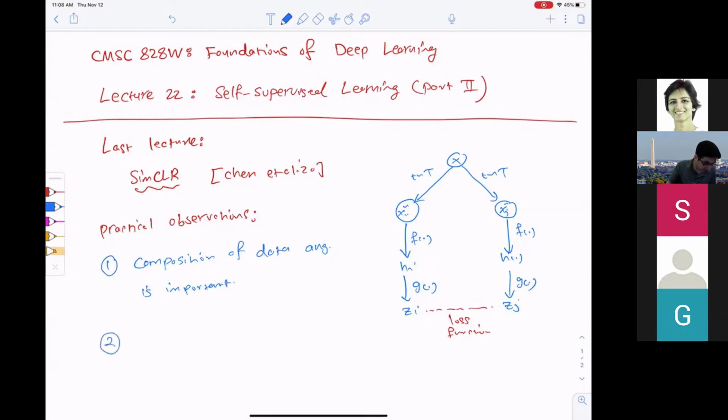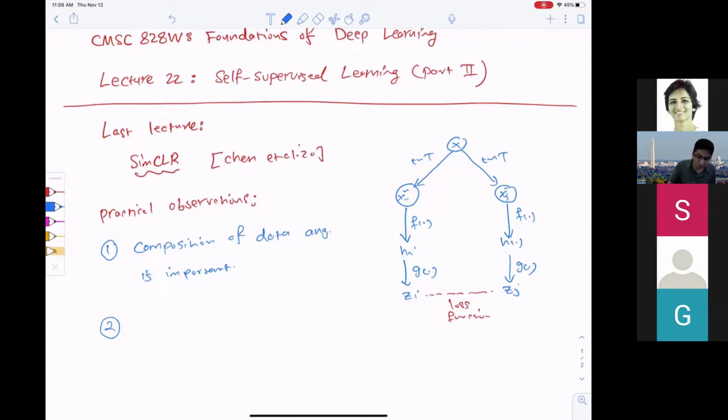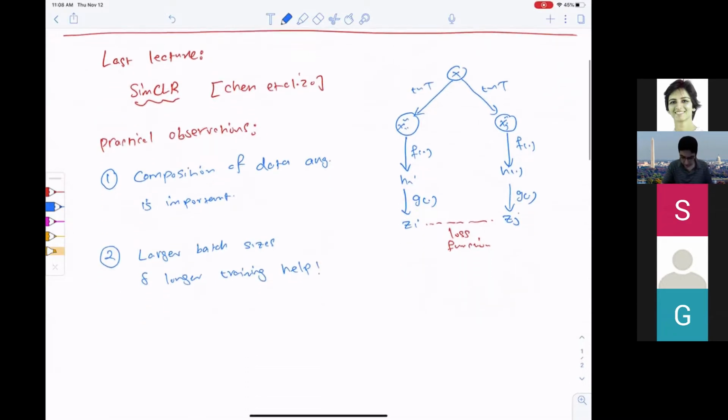The second observation is that larger batch sizes and longer training help self-supervised learning. Right, so in supervised learning, batch sizes often are not too large. Right?